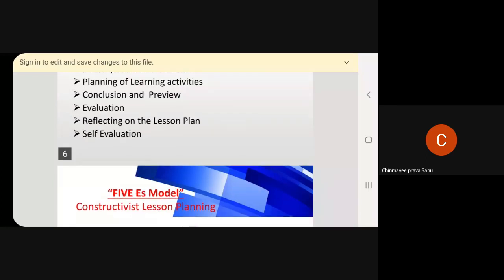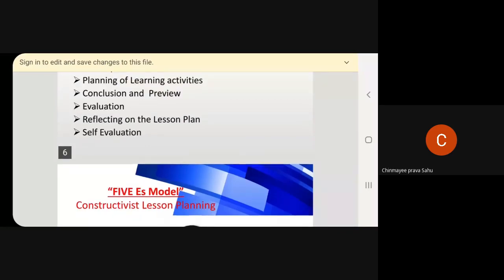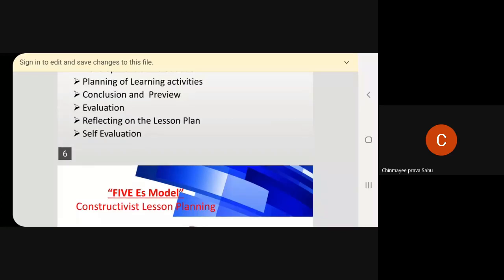The purpose is how we will prepare a lesson plan on a particular content. You have to go through the content, but content is not your object. You have to know how you can prepare a lesson plan in that content.